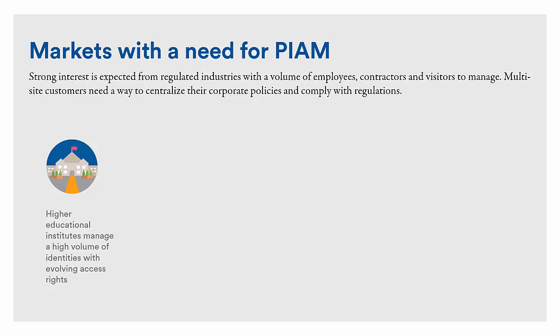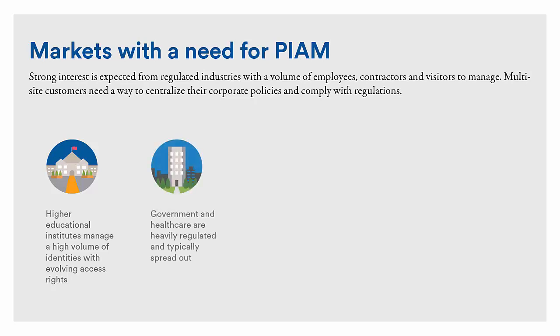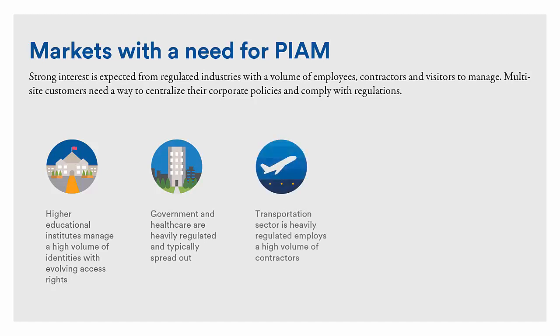So we think there'll be a great fit with higher educational institutions that manage a high volume of identities with evolving access rights. Government and healthcare are heavily regulated and typically spread out across a jurisdiction. We expect a high interest from the transportation sector since it is heavily regulated and employs a high volume of contractors.